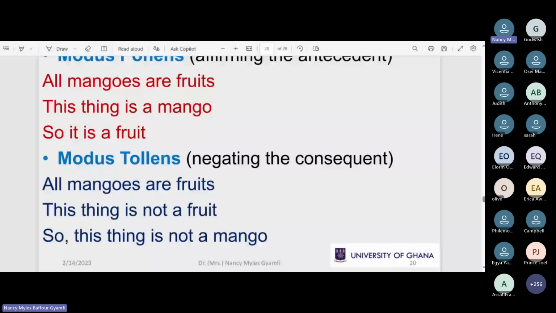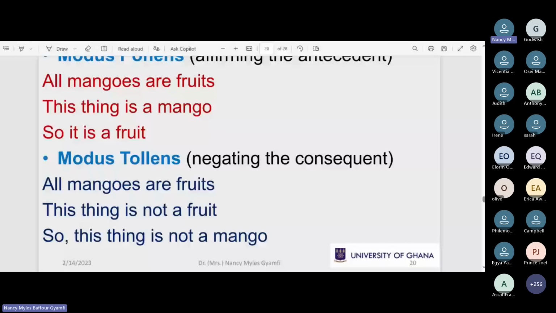So the next premise after your conditional will be the negation of the consequent. That's why we call it negate the consequent. Negate it, deny it, turn it upside down. So you are starting with the consequent this time around. It is modus tollens, but you bring it negated. Then you will now conclude with the antecedent, also what? Negated. That's the pattern. That will be correct.